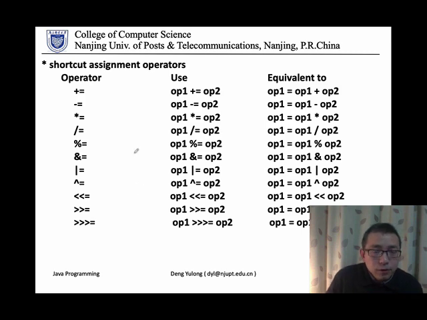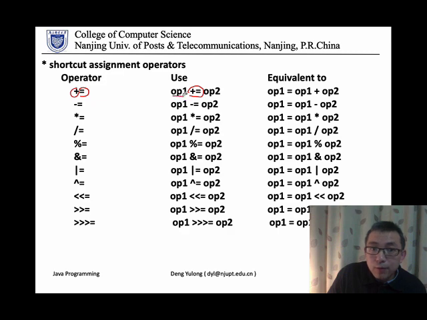Now we have special operators. These operators combine the arithmetic operators with the assignment operators, and we get the shortcut assignment operators. For example, we put the plus sign and equal sign, the two operators together, and we get the shortcut plus-equal.